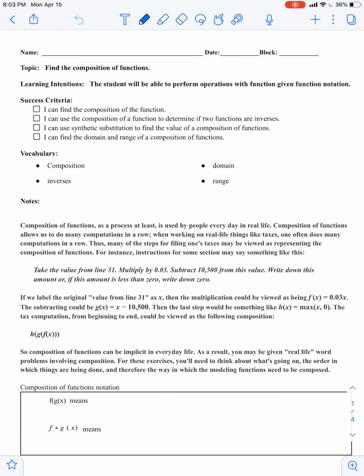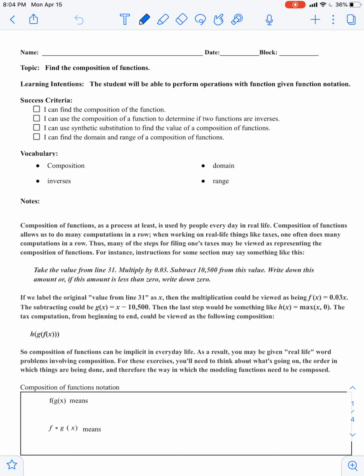You have to take the number of hours and multiply it by how much you get paid per hour, but then you also have to multiply it by your tax rate. So it's not just taking your number of hours through one step, you actually have to take that answer and do another step to it. Okay, so that's what we're talking about in terms of a composition. It's more when you do more than one step to a number.